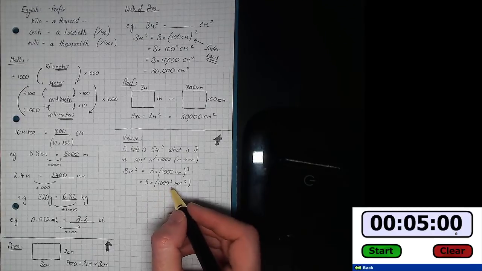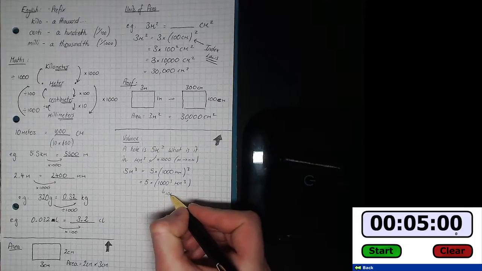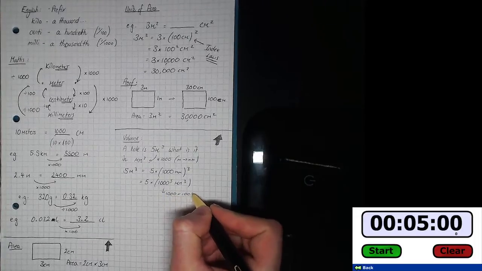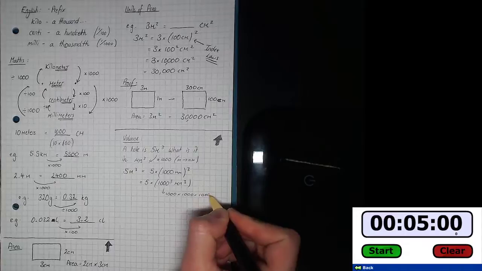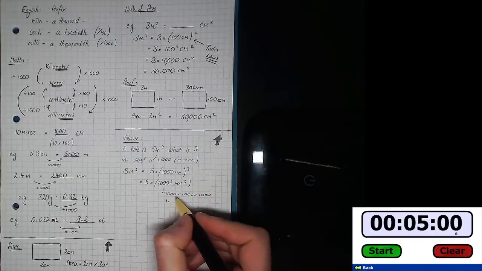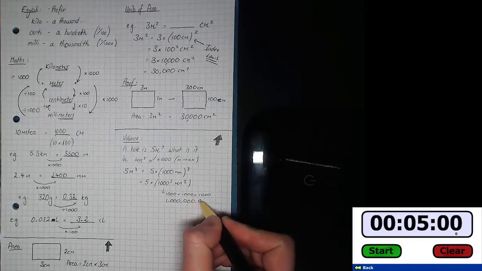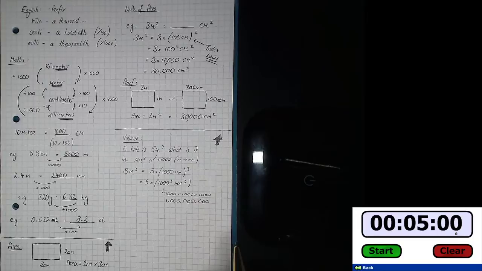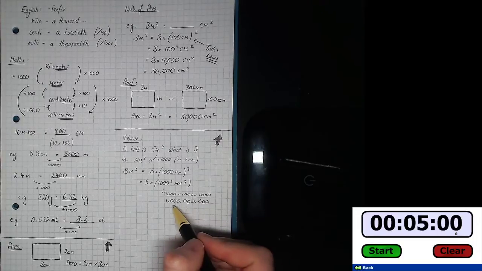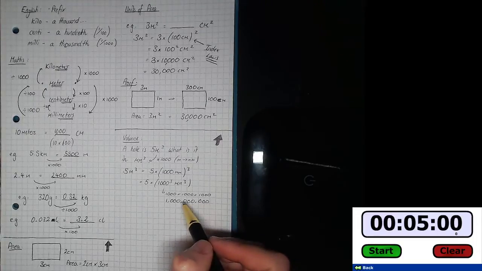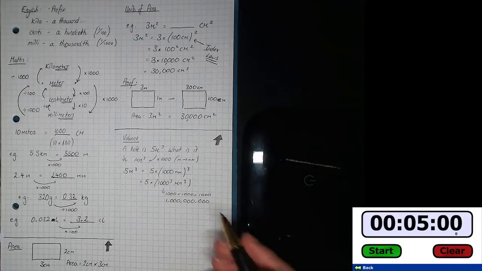1,000 cubed is going to be 1,000 times 1,000 times 1,000, which is going to be a 1 followed by 9 zeros. That's a lot. That's a billion.